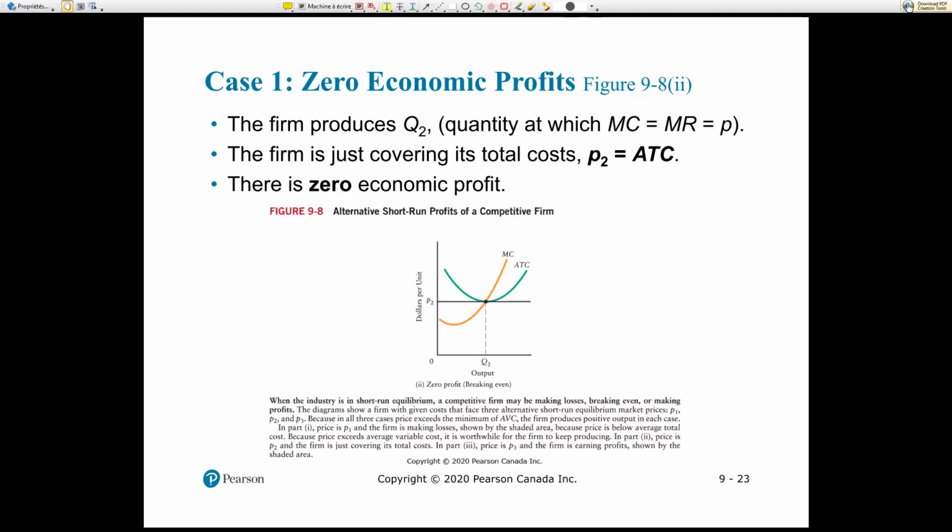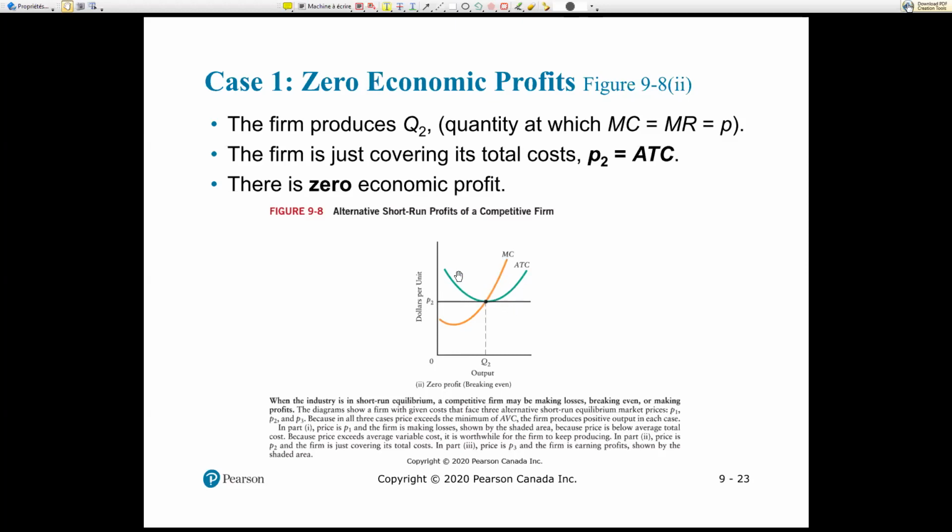So the profit depends on what? This we've said already. It depends on whether the price is above the average total cost at the quantity produced. Here it's for firm number 2. If the price is P2, then you set the price equal to marginal cost.